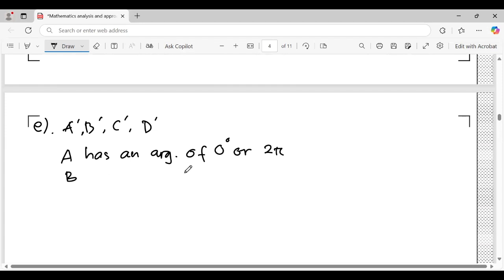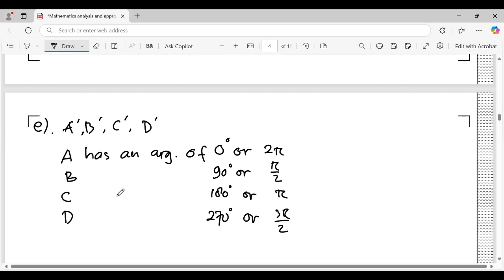B has an argument of 90 degrees, or pi over 2. C has an argument of 180 degrees, or pi, and D has an argument of 270 degrees, or 3 pi over 2.